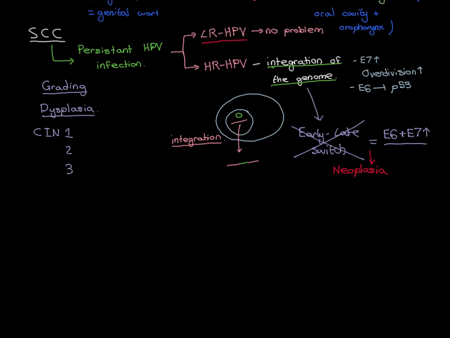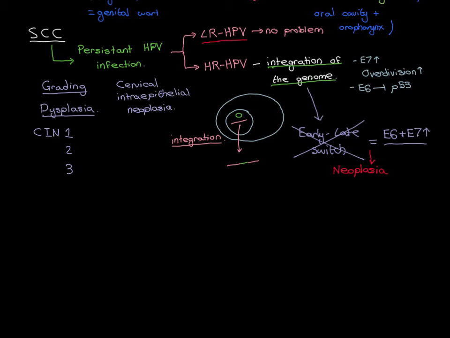So firstly, what does SIN stand for? It stands for cervical, that's the C, and then intraepithelial, so within the epithelium, and then the N is for neoplasia, so it refers to the fact that the neoplasia process is occurring.